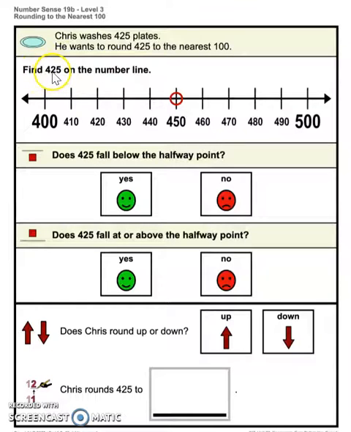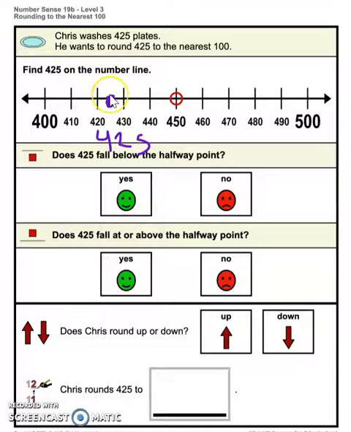So let's find where 425 would be. 400 is bigger than 400. It's bigger than 410. It's bigger than 420. Oh, 430 is too high, so it's going to be right around here. So I'm going to draw a dot, 425. And if you want, you can label it 425.